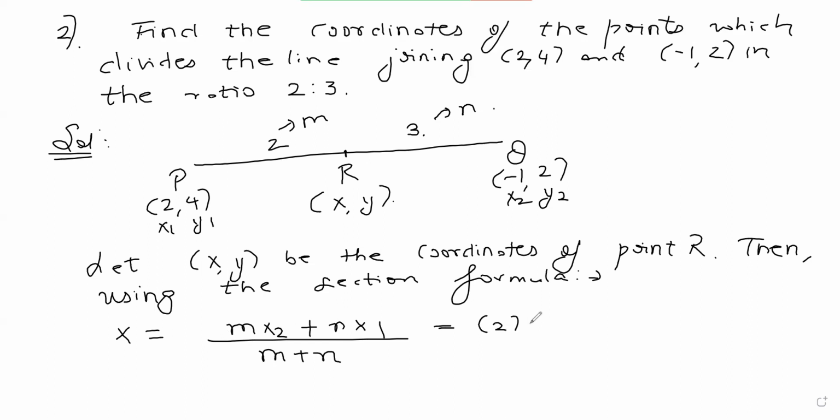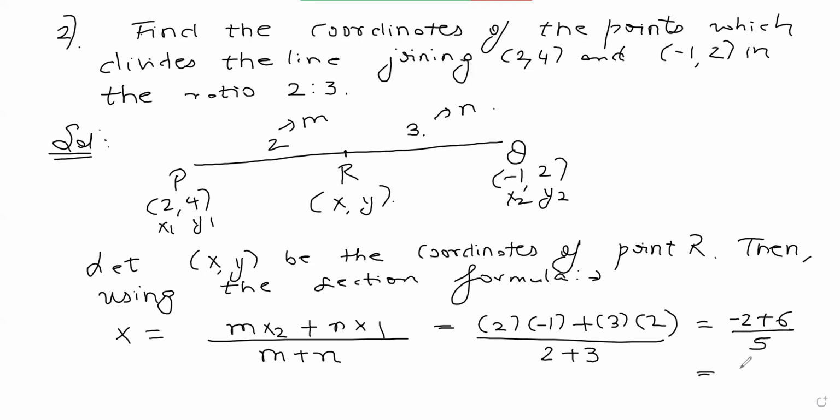M is 2, x2 is -1, n is 3, x1 is 2 over m plus n, 2 plus 3. This is going to be -2 plus 6 over 5. This is 4 by 5.